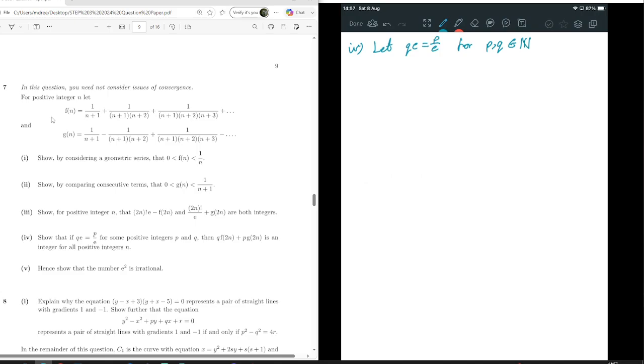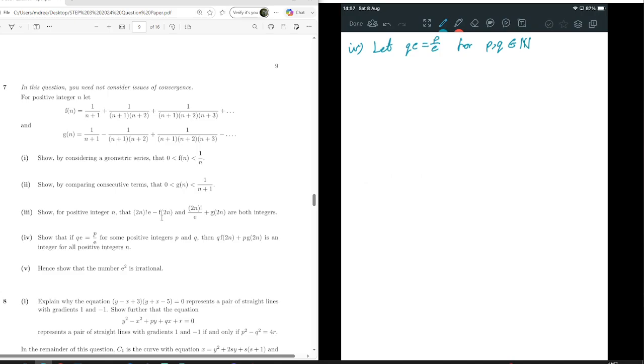Okay, so it looks like I'm trying to do something with the expressions I've got above. If I multiply this one by Q and this one by P, then what does that say?